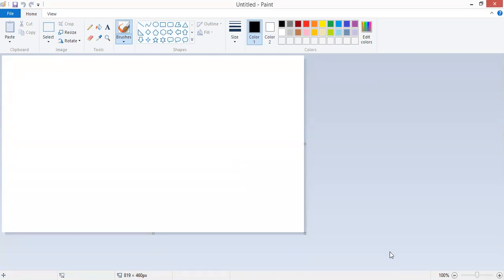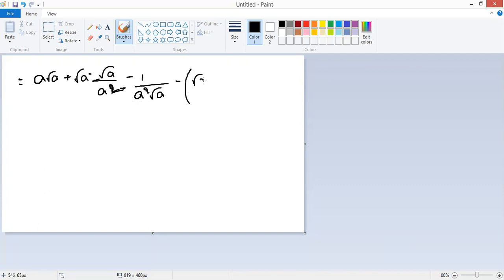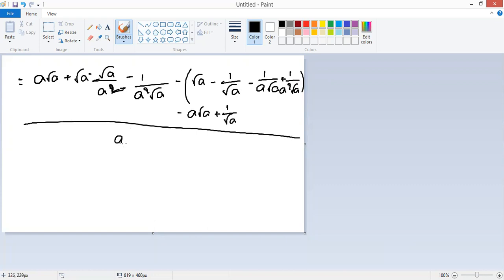Like that, if we multiply, we will get a root a plus root a minus root a by a square minus 1 by a square root a. And the second term, root a minus 1 by root a minus 1 by a root a plus 1 by a square root a. Now the third term, minus a root a plus 1 by root a, and the denominator is a minus 1 by a.